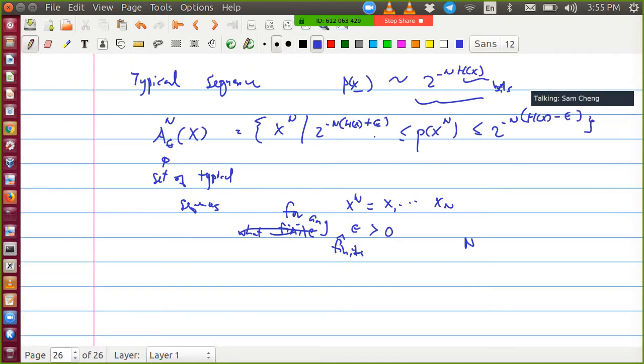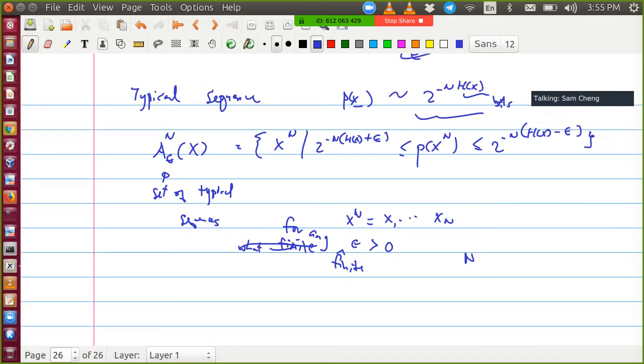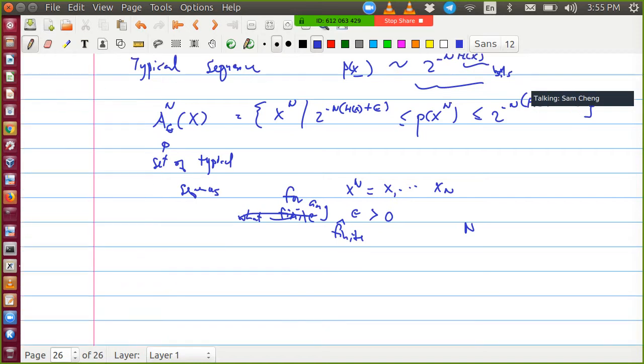And also, by the way, with this kind of assumption, because all the sequences have more or less the same probability, and all these sequences are basically typical, that means if I sum up the probability of all these typical sequences, it should be close to 1.